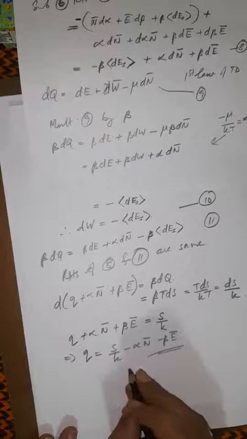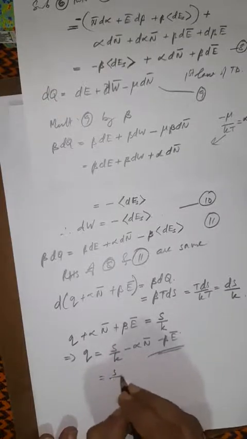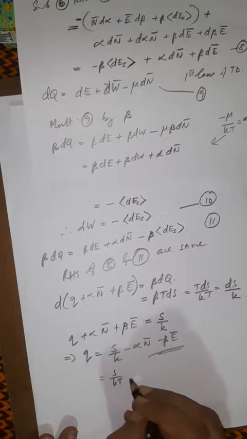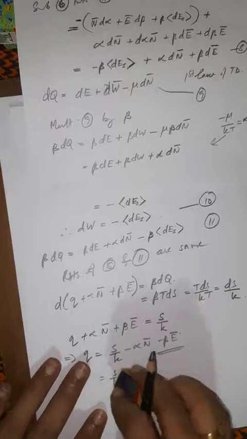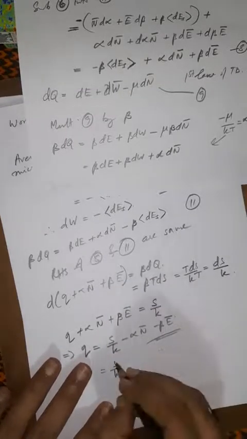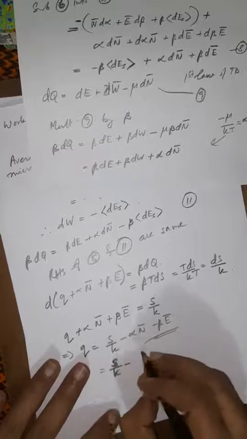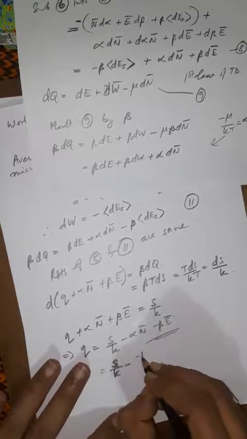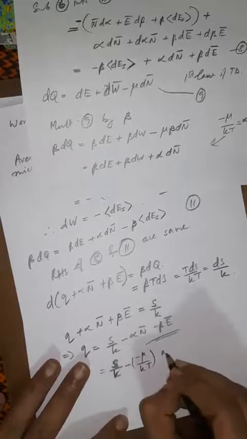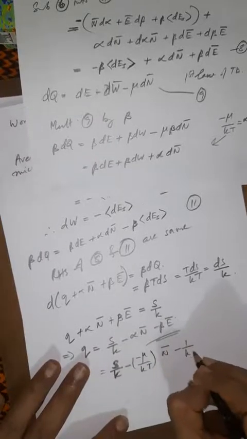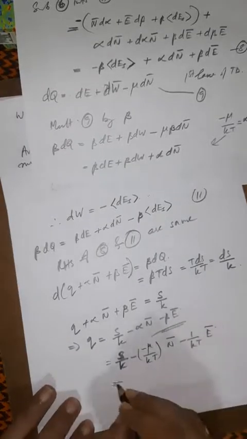What is alpha? Alpha is equal to mu by kT. So q is S by k minus mu by kT into n bar minus 1 by kT e bar.